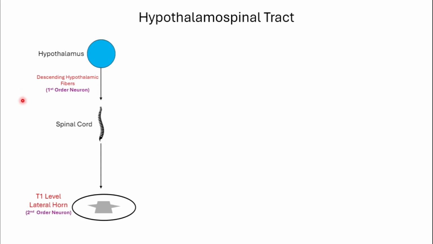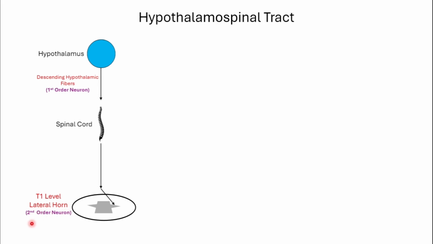After reaching the level of T1, it synapses on the lateral horn. If you remember in the spinal cord anatomy lecture, we said that from the levels of T1 to L2, we have a lateral horn composed of preganglionic sympathetic neurons. So the hypothalamospinal tract synapses on that lateral horn at the level of T1, and this T1 lateral horn serves as our second order neuron.